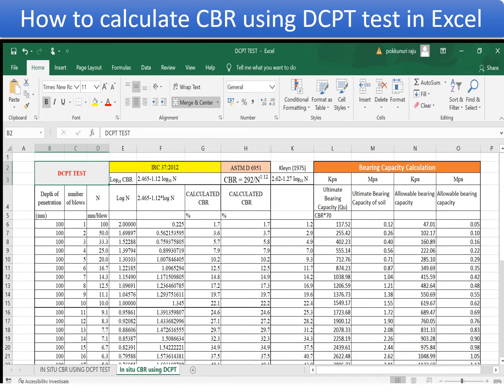At that point, the CBR calculated using IRC37, ASTM or Klein are all at the same level. All the equations match for that particular result. Also, in this Excel sheet, we will show you how to calculate the bearing capacity based on the CBR of the soil.